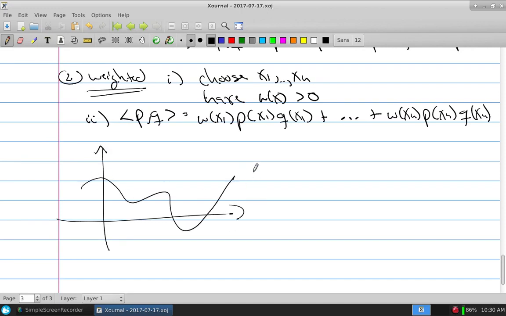If you imagine what this would look like, if this is the p curve, and say that's the q curve, all we're saying is go here and pick those 2 points, and then go here and pick that point and that point, and then go here, pick this point and this point, until we get to, say, xn, where we pick, say, that point and that point.